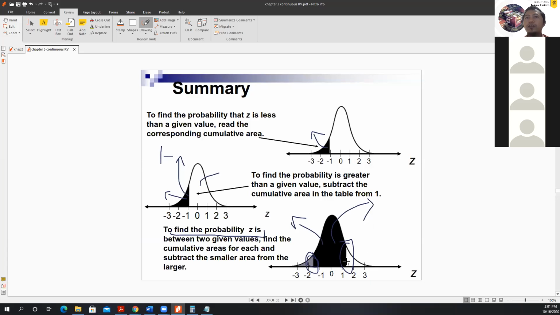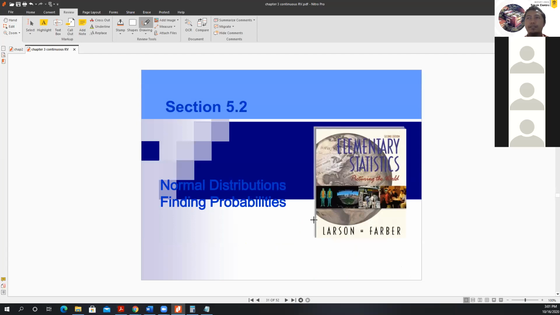First you find the probability of this one and then subtract the probability of this one. So the black area is the subtraction between two probabilities. Yes. Any questions?